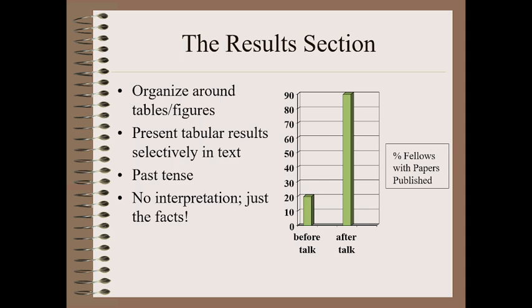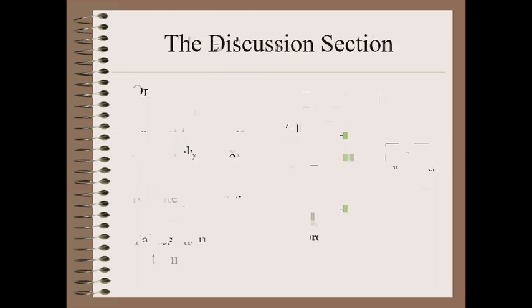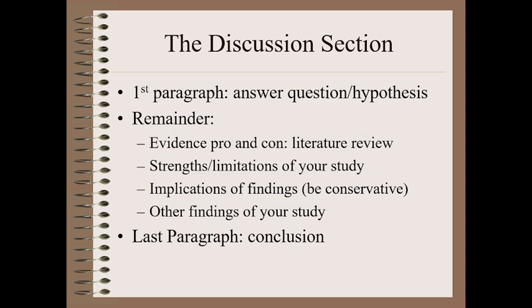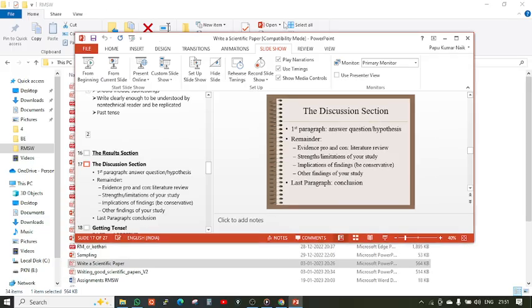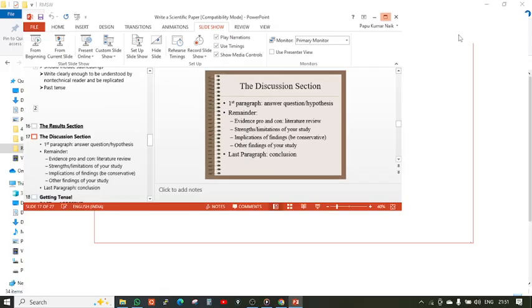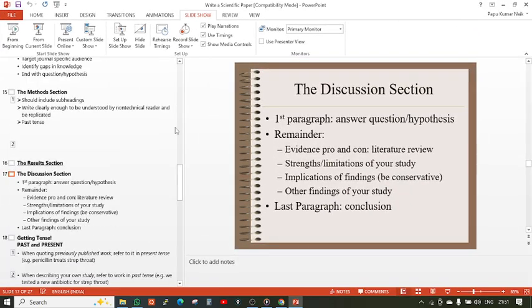Because writing a paper is not a one-day or two-day thing. You should not just sit for one or two days. It takes a long time, and again and again you have to revise the draft. After that you have to format the paper according to the journal, all these things.